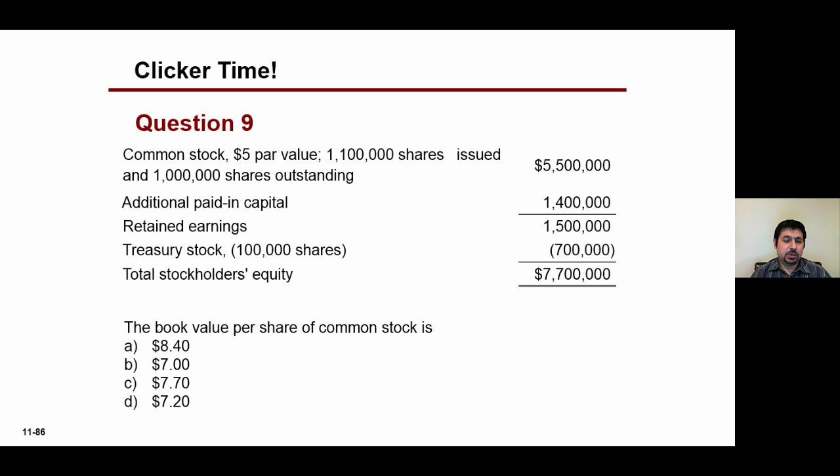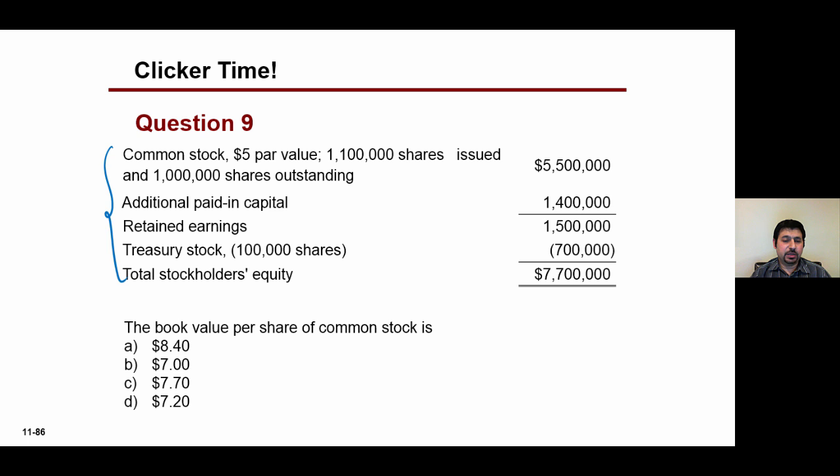So common stock, $5 par value, 1,100,000 shares were issued, and 1 million shares are outstanding. So this is the stockholders' equity section on the balance sheet. Additional paid-in capital is 1,400,000.